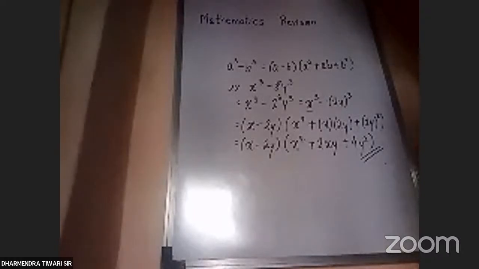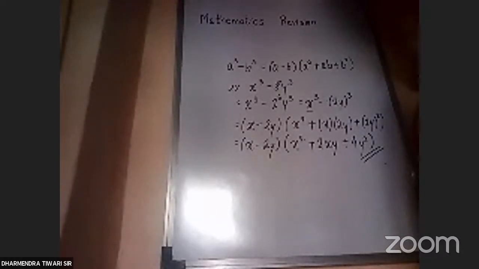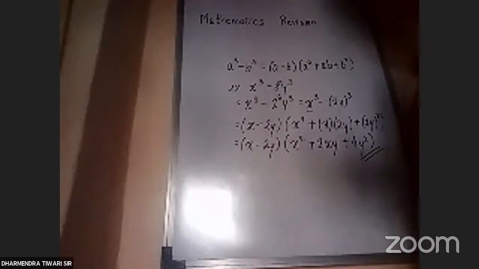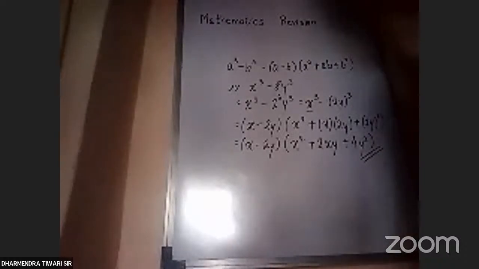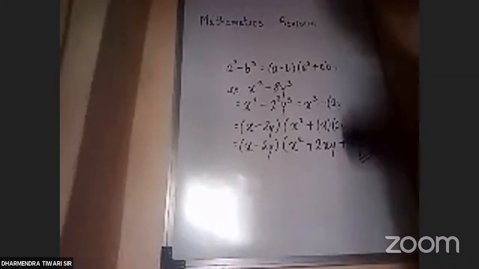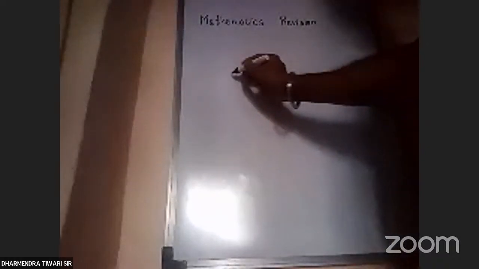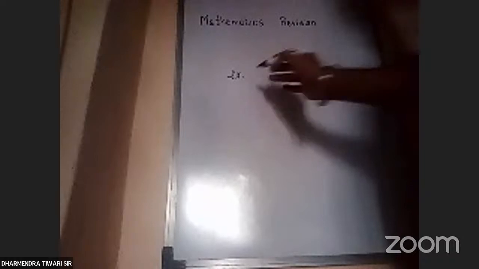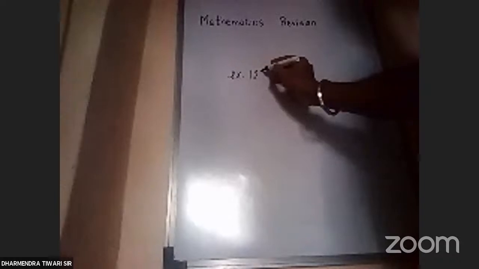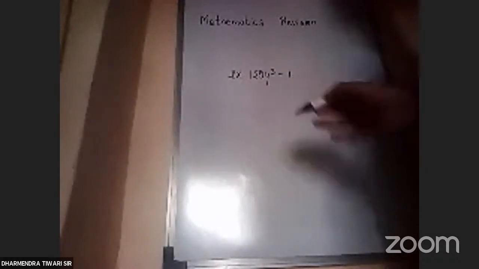So now we will take a case where we have a coefficient in the first variable. Say we have 125y cube minus 1.